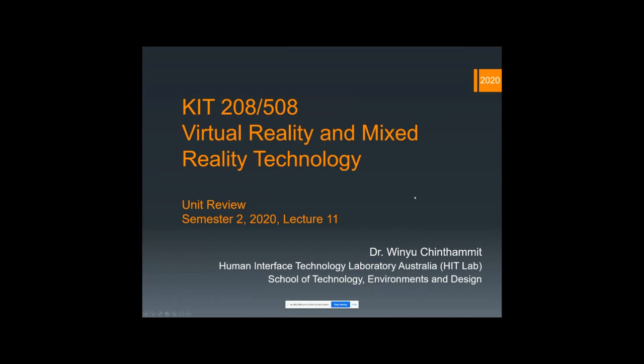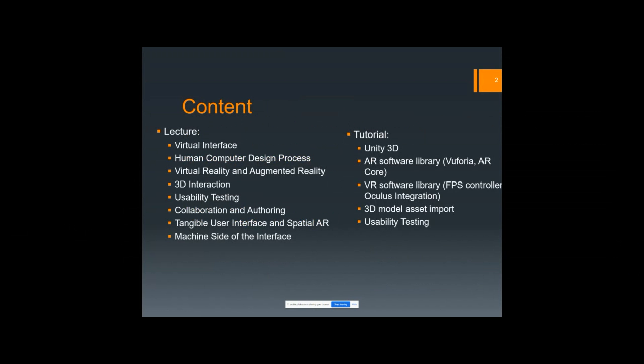Okay, all right, so unit reviews. This unit is about content, so you will be familiar with the contents of the lecture. That should be highlighted on Milo very clearly. I uploaded the slides from today into Milo and the tutorials, on the right hand side.